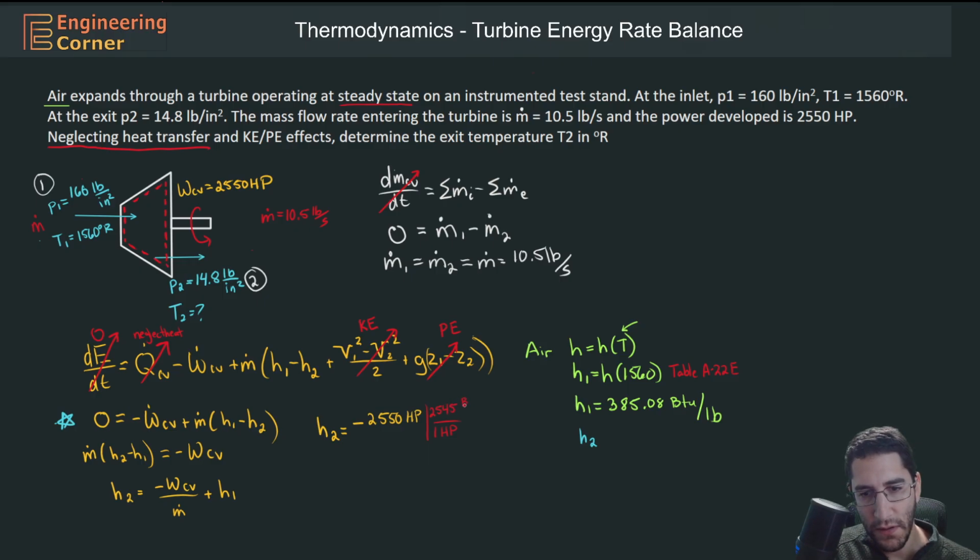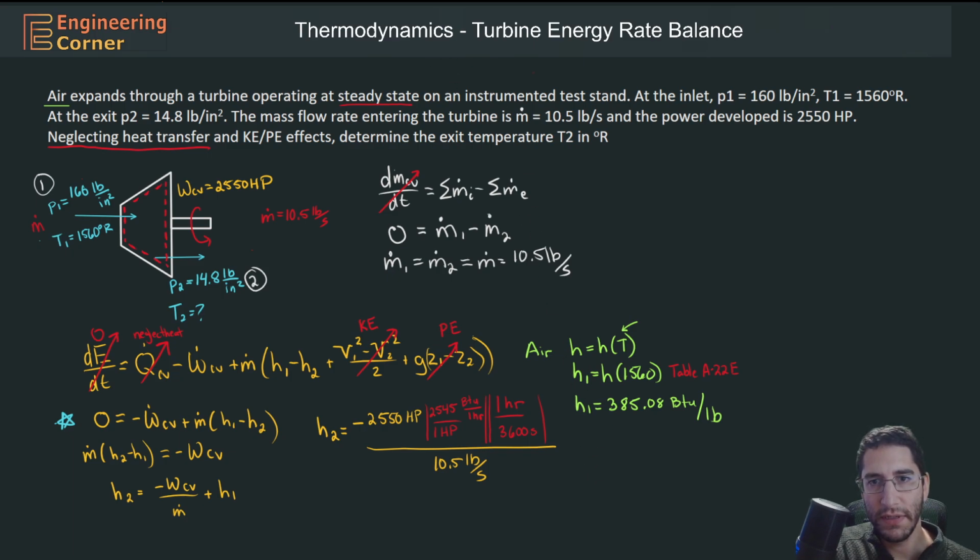This is in BTU per hour. And our flow rate is in pounds per second, so now we just need to convert hours to seconds. Okay, we're going to divide by our mass flow rate, which is 10.5 pounds per second.